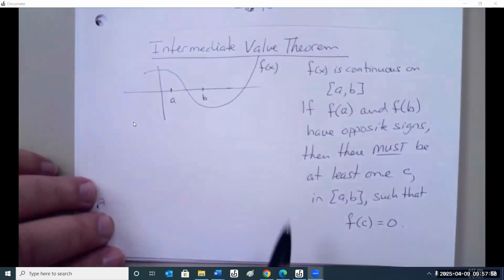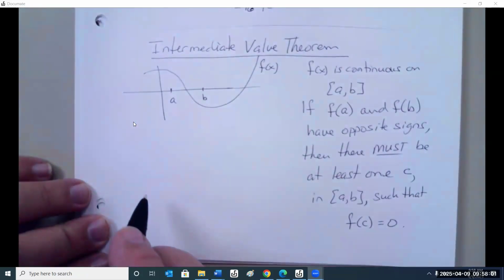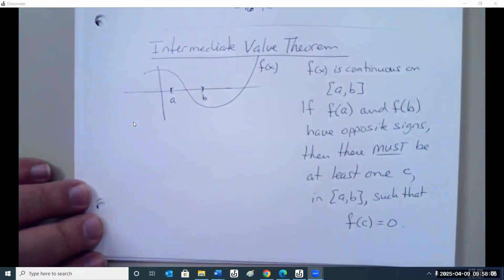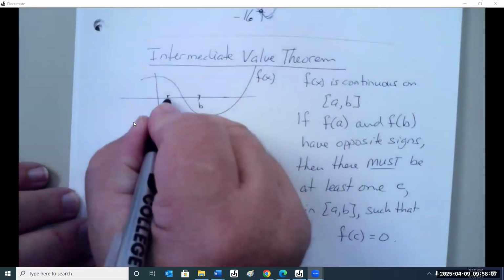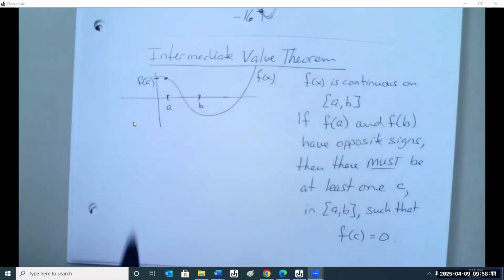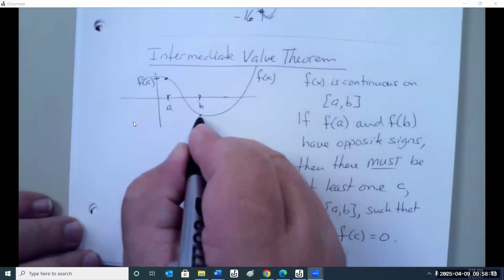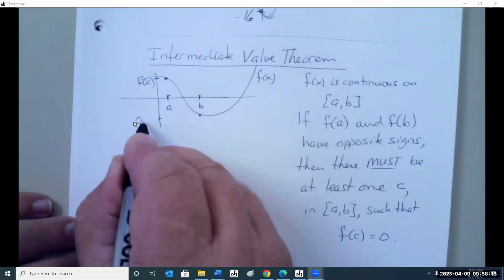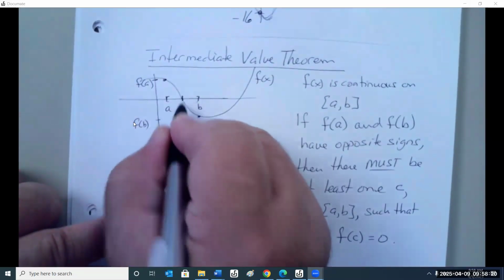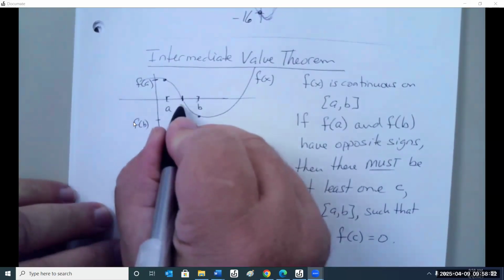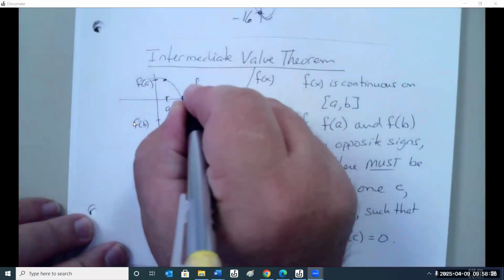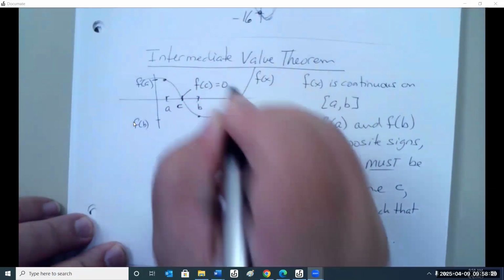What it says is this. Here's my function, it's continuous. Here's my interval, AB. The function at A, this is f of A, and the function at B, here's f of B. If they have opposite signs, then we know it crosses at least once at some value C where f of C is equal to 0.